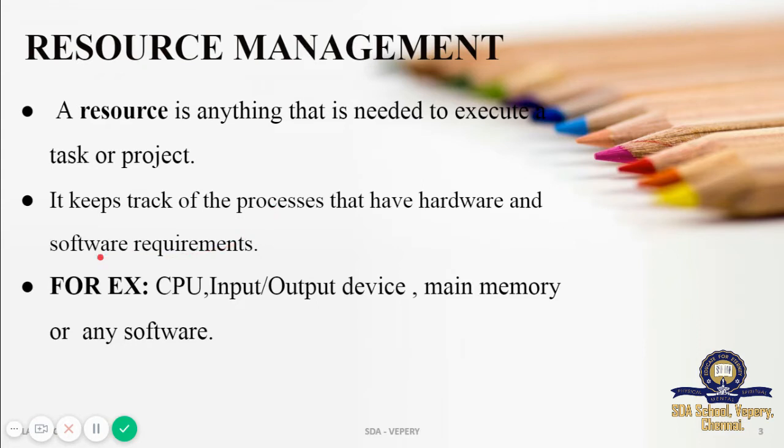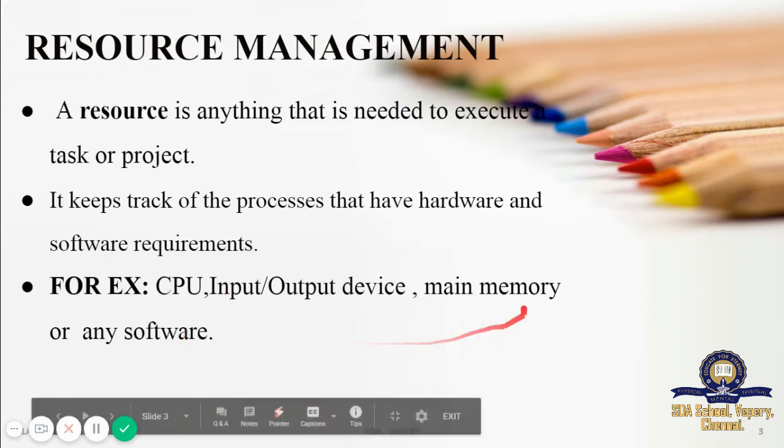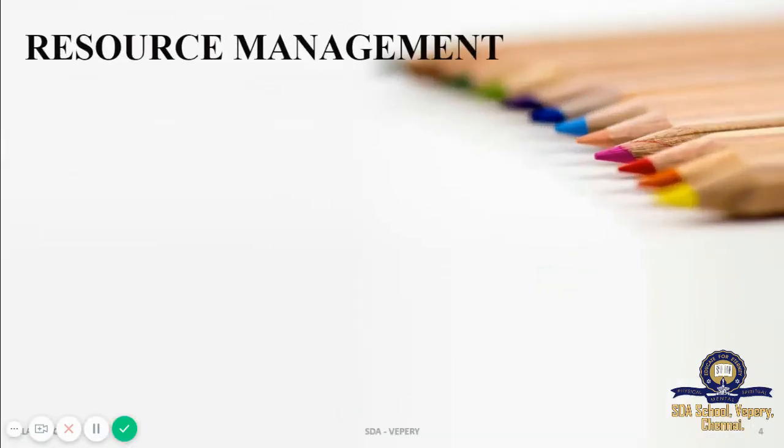That is why I mentioned software requirements. As I told you, we call these resources: CPU, input output device, main memory or any software. Now you know basically what resource management is and what it does.